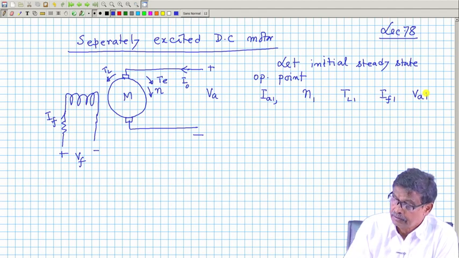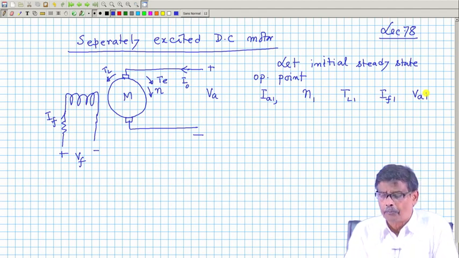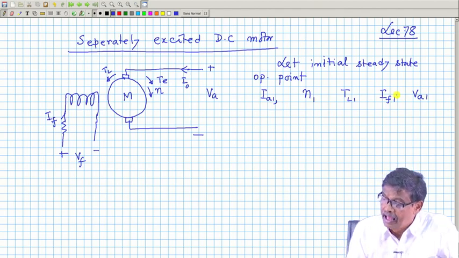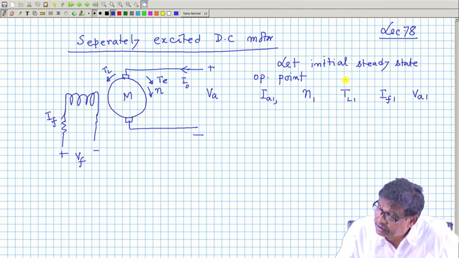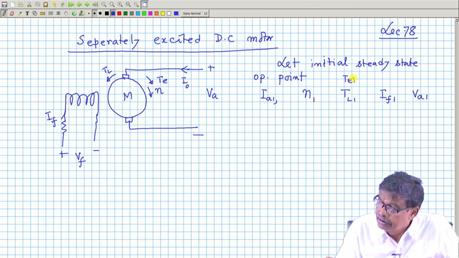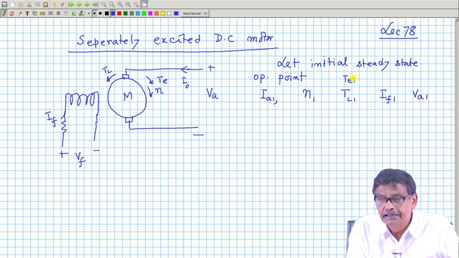Got the point? Suppose the machine operates steadily with these values, and the electromagnetic torque generated is T1. Therefore T1 and TL1 must be the same, that is why it is running steadily at this RPM.